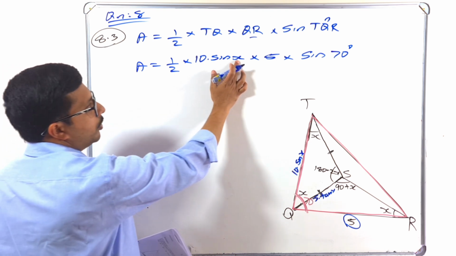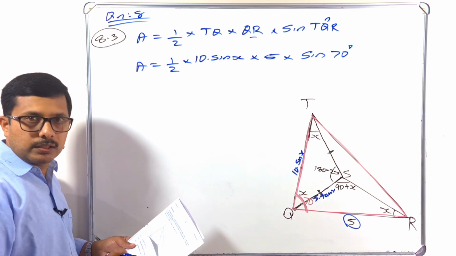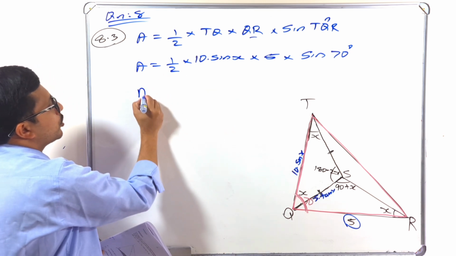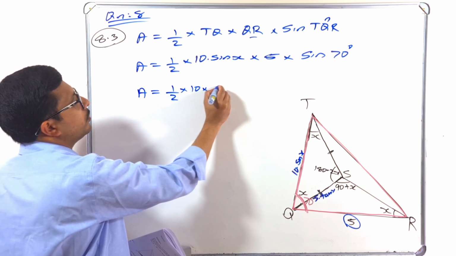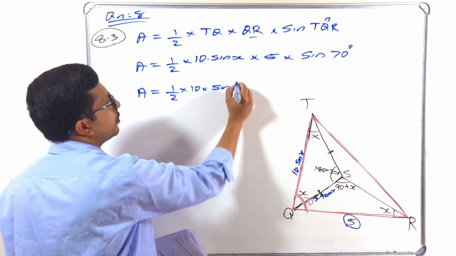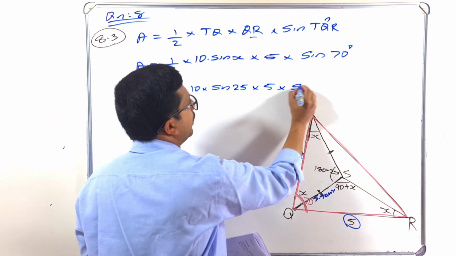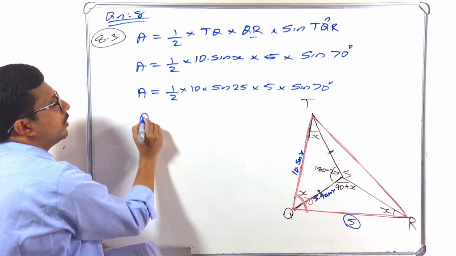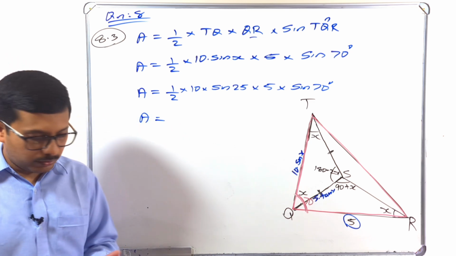So we know what x is. What is x? 25 degrees. It is given here, 25 degrees. Okay, so let's write that once more. A is equal to half into 10 into sine 25 into 5 into sine of 70 degrees. So take your calculator, try to find the answer for that one.